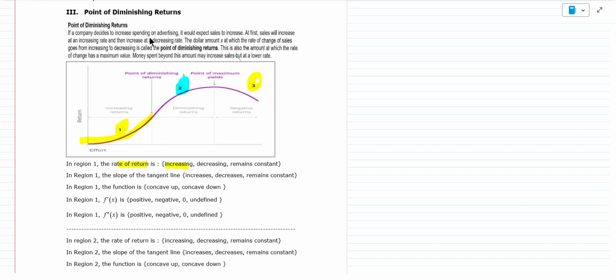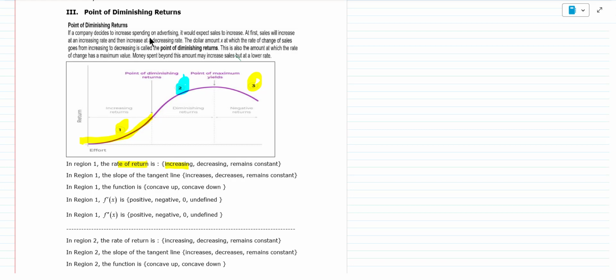Okay, the slope of the tangent line, and I probably have to stand up and show this, otherwise you might not see it well. Now I'm talking about the slope of the tangent line. Right now the tangent line's slope is 0, but it's positive. Is my tangent line getting more steep or less steep? More steep. So the slope of the tangent line is increasing.